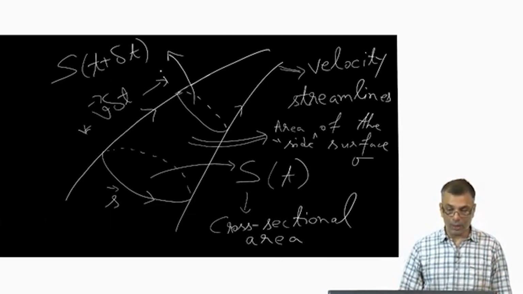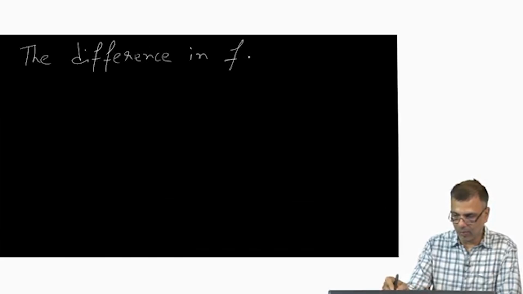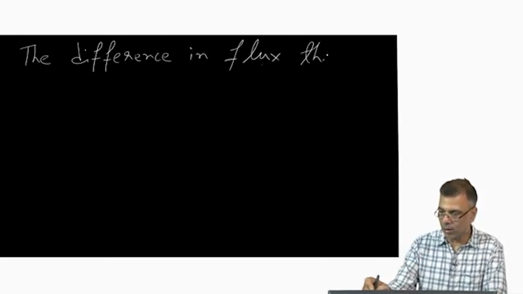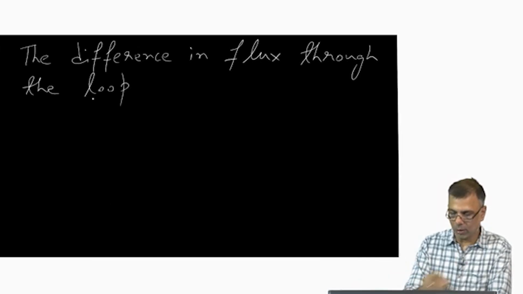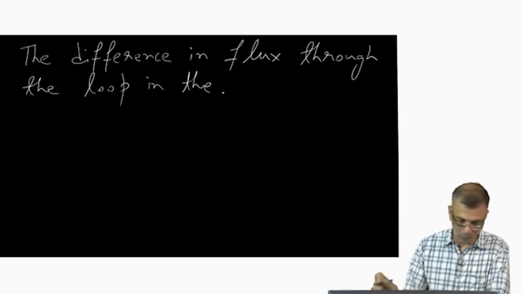Okay. Now, the difference in magnetic flux through the loop in the two instances. In which two instances?